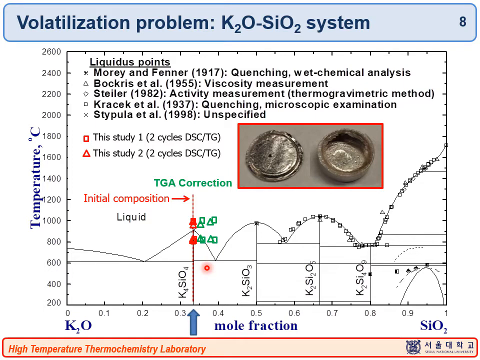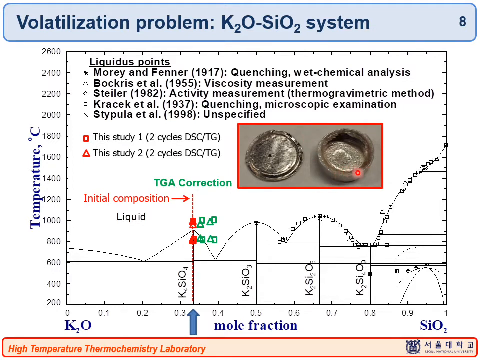After the experiment, we examined the platinum crucible. As you can see here, the K2O is evaporated and part of the sample is coated at the middle of the platinum capsule, and the rest of it remained in the crucible. We can think that the main peak of the DTA is coming from the bottom of the platinum crucible.